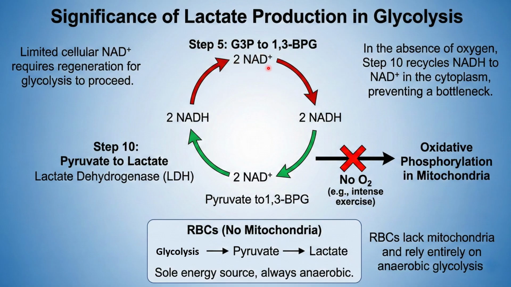And where is this NAD+ generated? Suppose if the oxygen is not present, pyruvate is converted to lactate in the presence of lactate dehydrogenase by oxidizing the NADH to NAD+. If you see the previous slide, you can see the NADH is getting converted to NAD+.